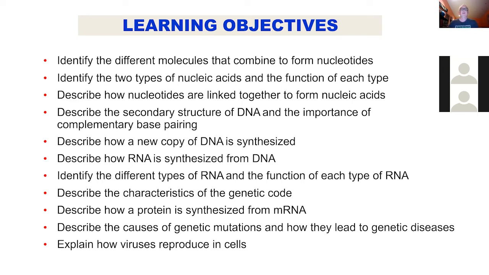Then we're going to talk a little bit about genetic disease and the different types of mutations that can take place in DNA. And lastly, I wanted to cover how viruses reproduce in cells, because the different ways that DNA viruses and RNA viruses replicate themselves explains a lot of what's happening as far as COVID-19 is concerned.